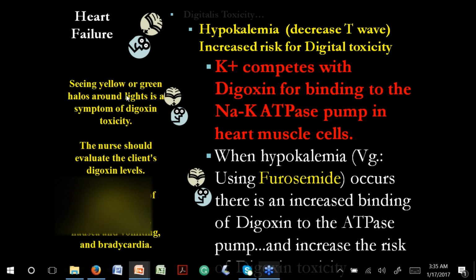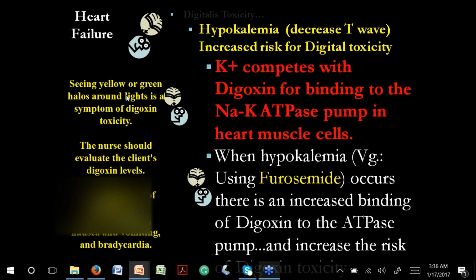So the sodium is coming out and the potassium is coming in. That is the sodium-potassium pump.